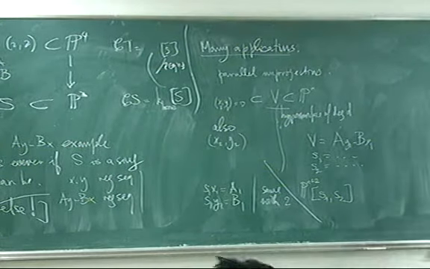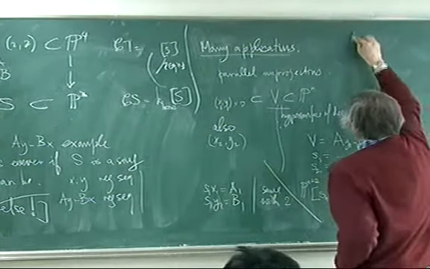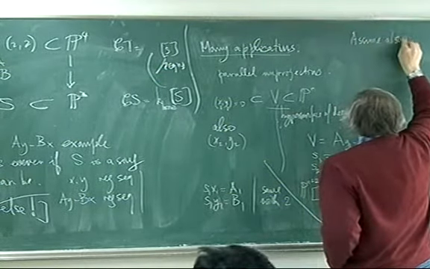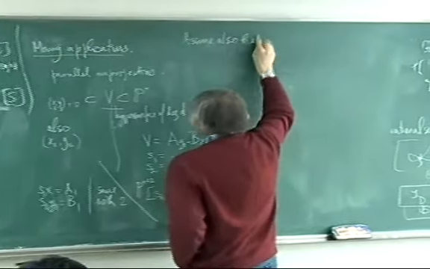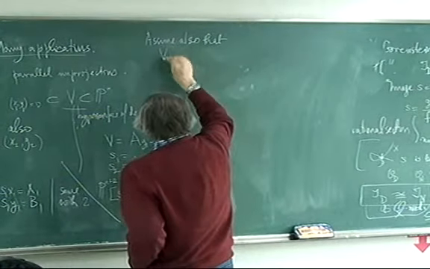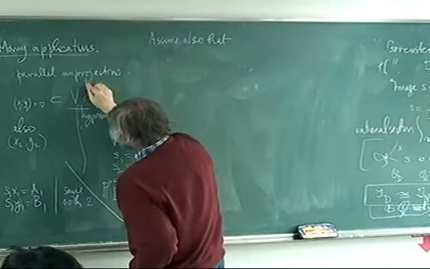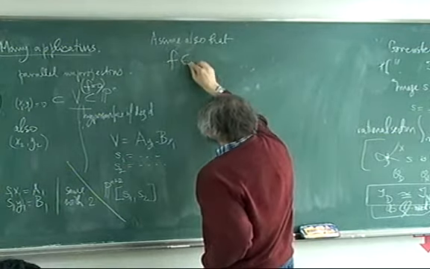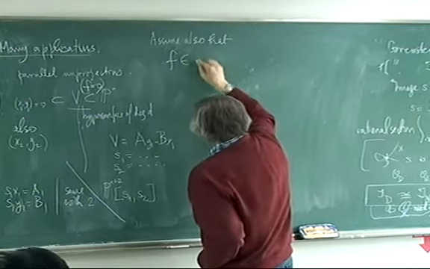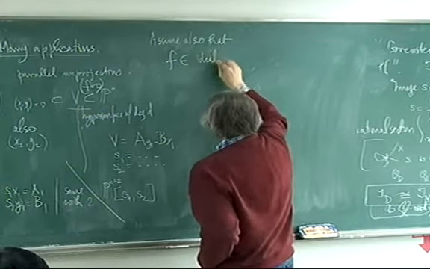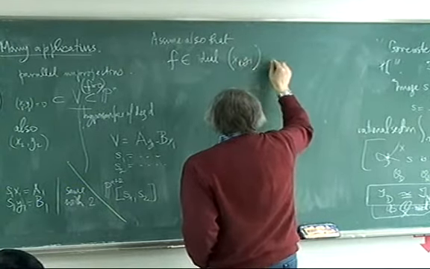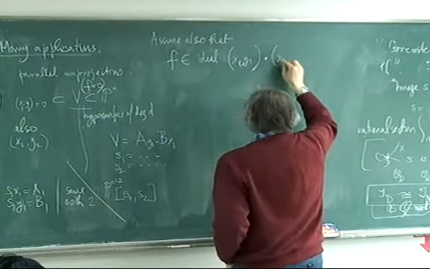So I need to assume also that V, the equation of V, so let's say V is F equals 0. I want to assume that F is in the ideal x1, y1 times x2, y2.